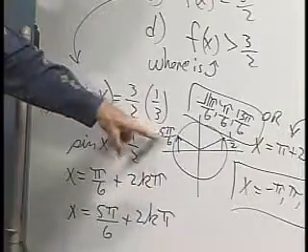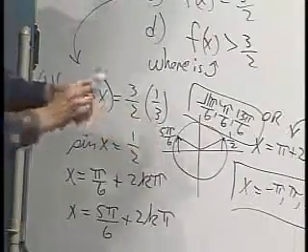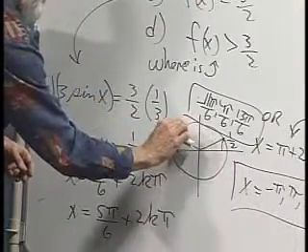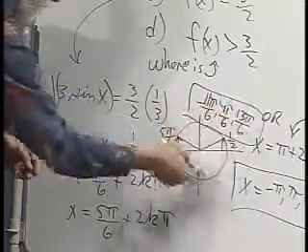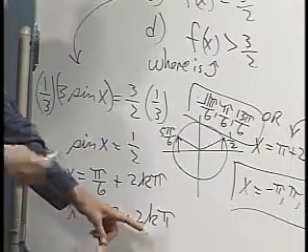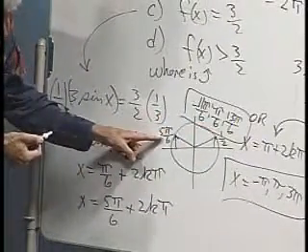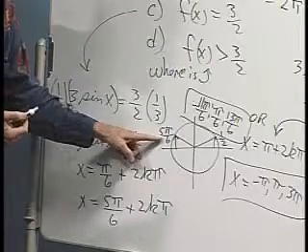Right? And then come over here. You got your 5 pi over 6. Let's back off by taking 2 pi away from that with a negative 1 down here. So take 12 pi over 6 off of 5 pi over 6. What's that give you?